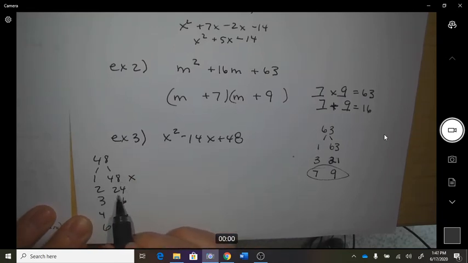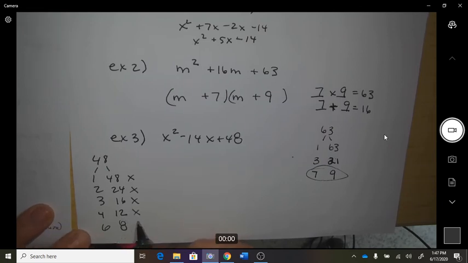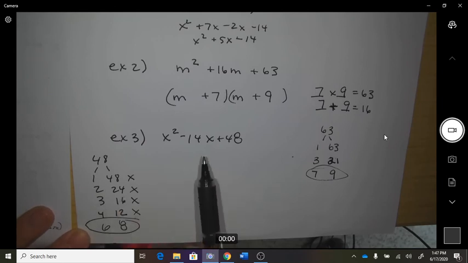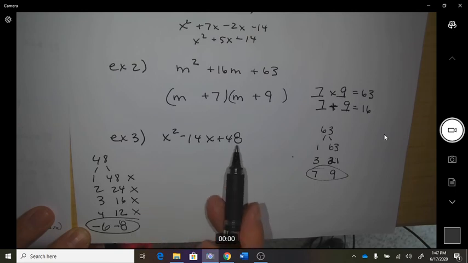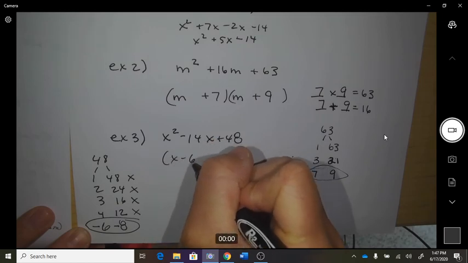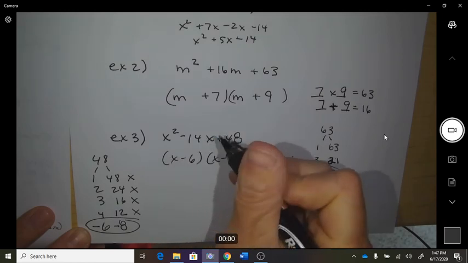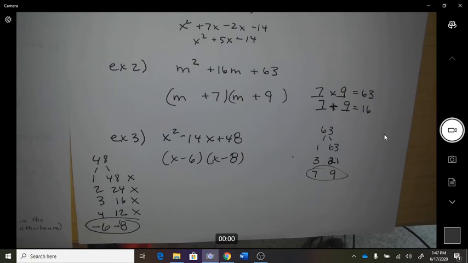It's either going to be 22 or 26, 11 or 19, that can't add to 14. This one looks like it could work. But here's the challenge: we have to get a negative 14. So these would both have to be negative, and those two together make negative 14. And when you multiply two negatives, it makes a positive. And there's our answer.